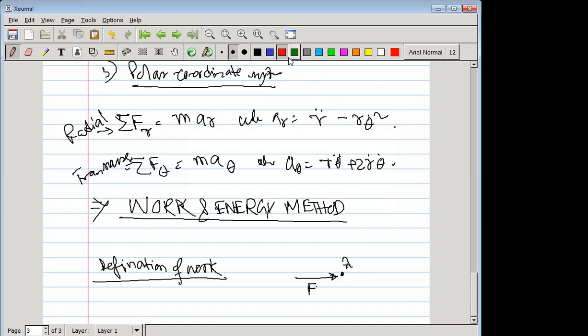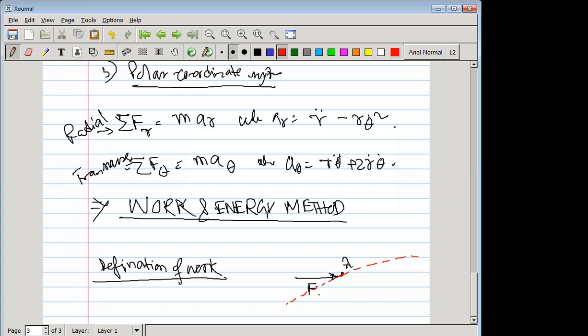Suppose this is the path, and through this path the particle will move.